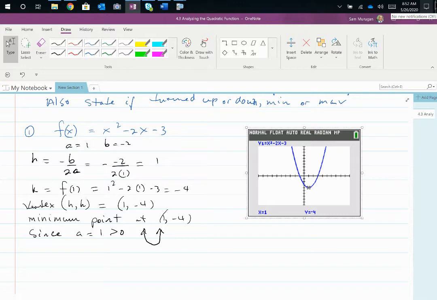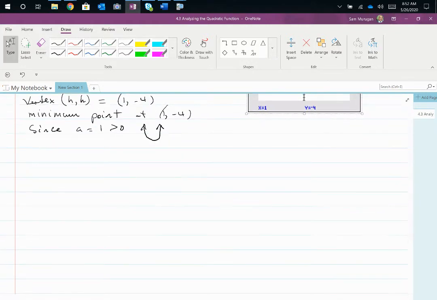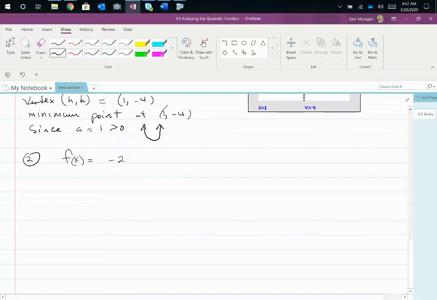All right, let's take a second example. Example 2. Say f of x is equal to negative 2x squared plus 2x plus 3.